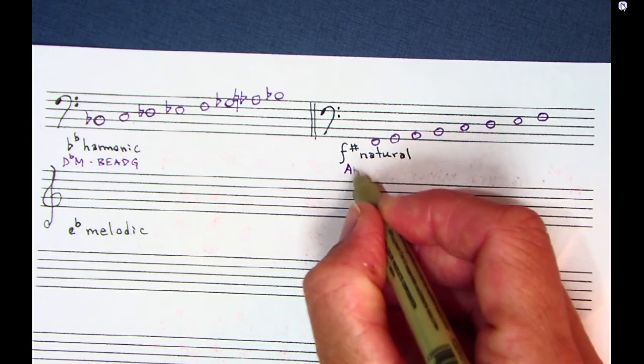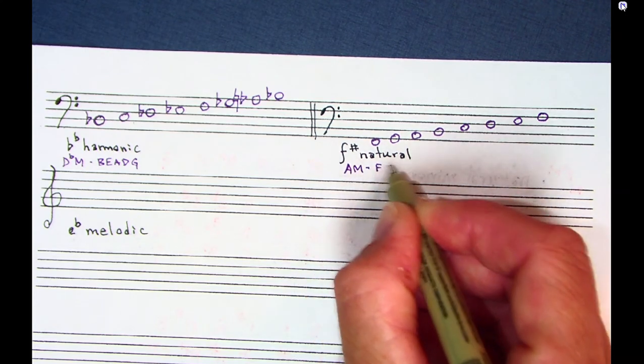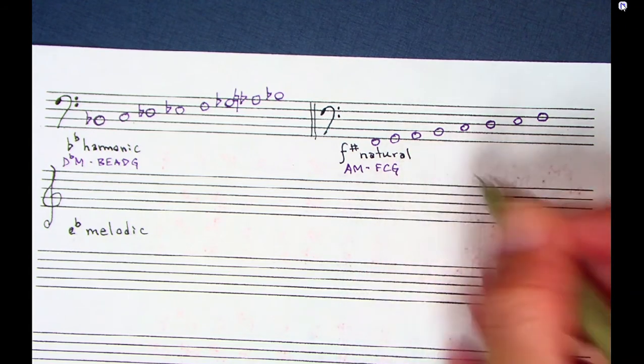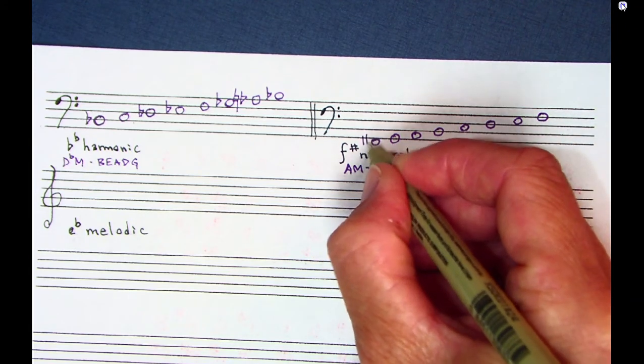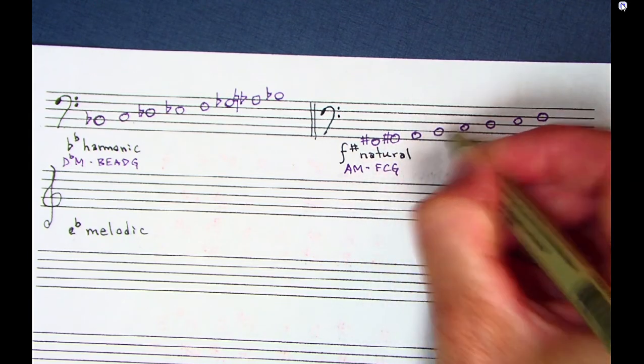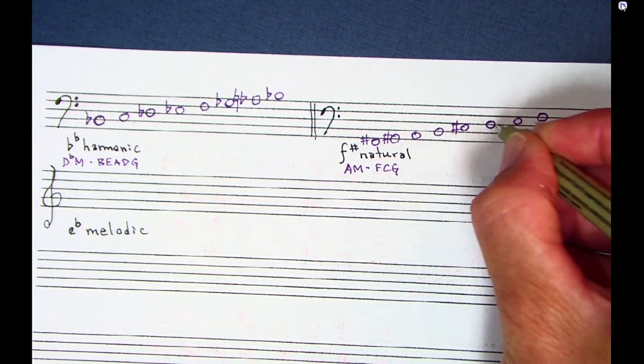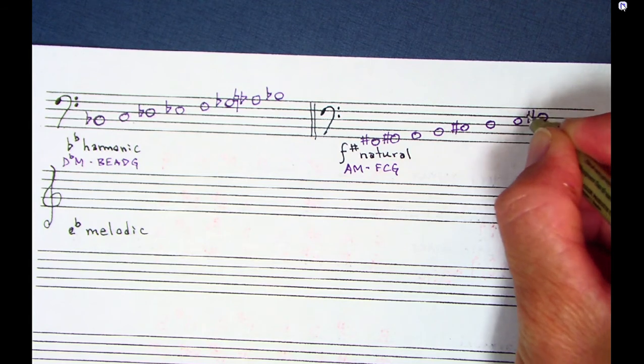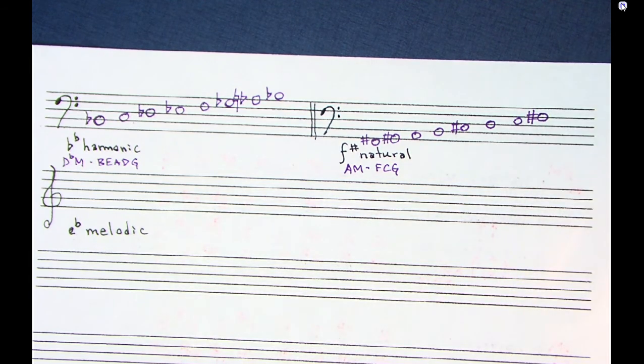That is A major, which has F sharp, C sharp, G sharp. Let's put those in. Here's F sharp, G sharp, A, B, C sharp, D, E, and then F sharp there on the top. Since it's the natural form of that scale, I am now finished.